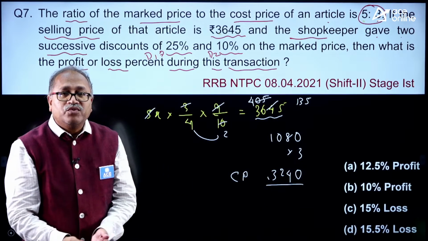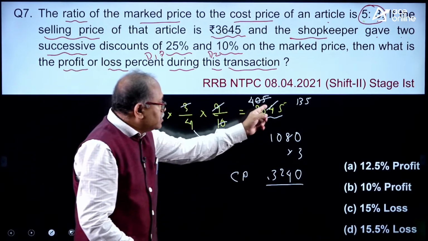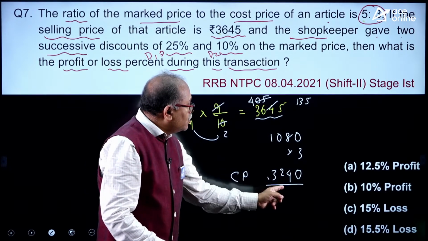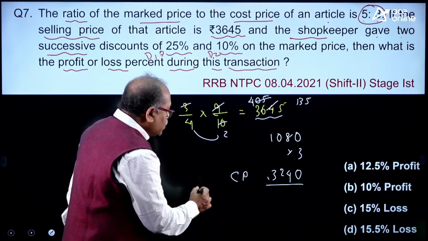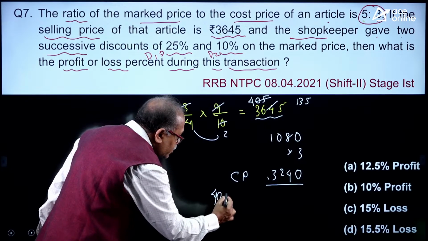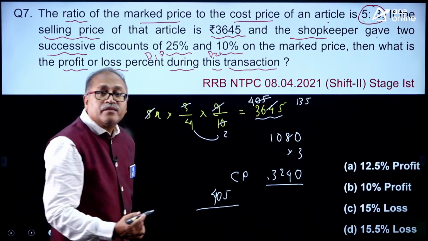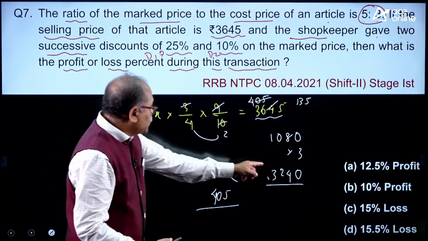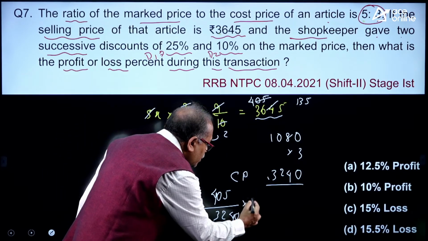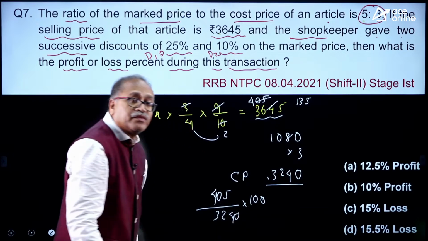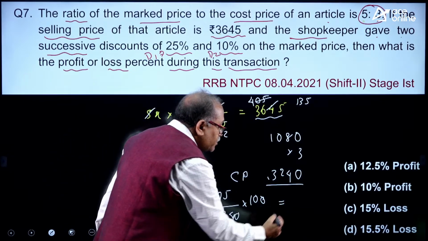Both you have, you can get the profit. The difference of this is 405. So, the profit is 405 over what? Over the cost price, that is 3240 into 100. So, what will it come?